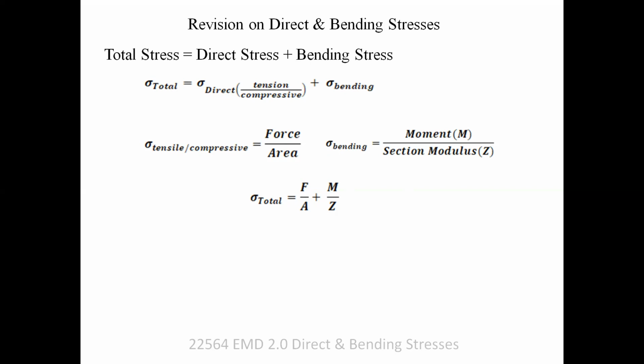If there is tension plus bending compression, then we can say F by A minus M divided by Z. So depending upon the direction of the bending stress, we change the sign of that bending stress. So this is the total stress that is possible in direct and bending stresses.